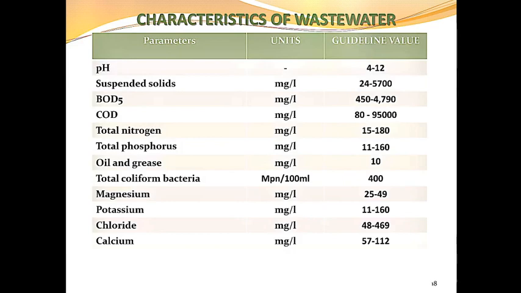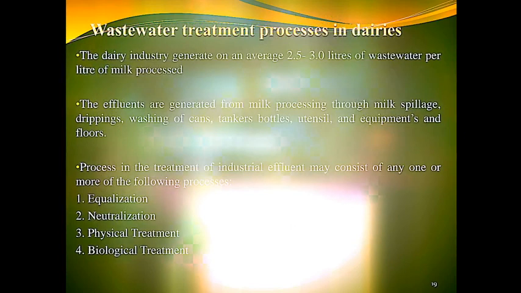The characteristics of wastewater we discussed are pH, solids, BOD, COD, nitrogen, and so on. Now, the wastewater treatment process in dairies: the dairy industry generates on average 2.5 to 3.0 liters of wastewater per liter of milk processed.